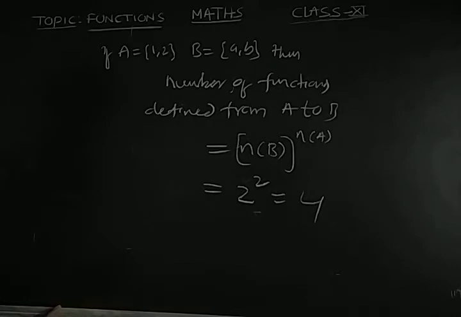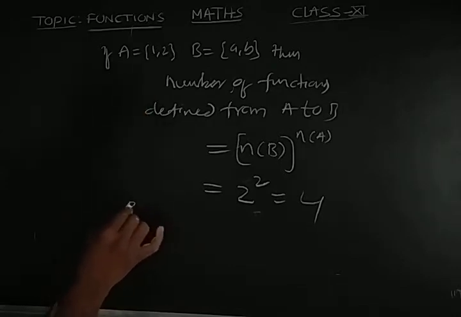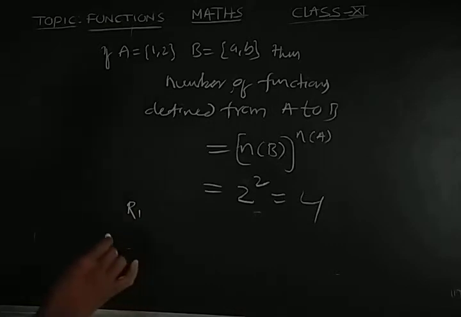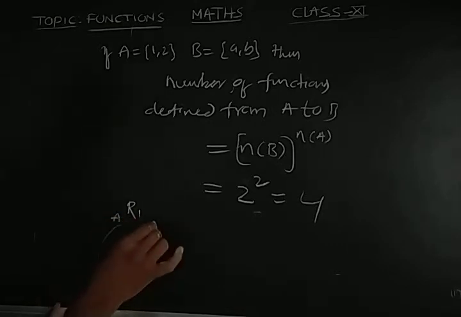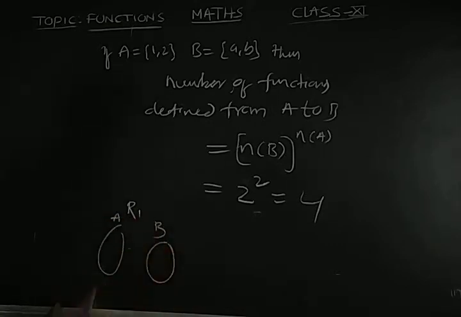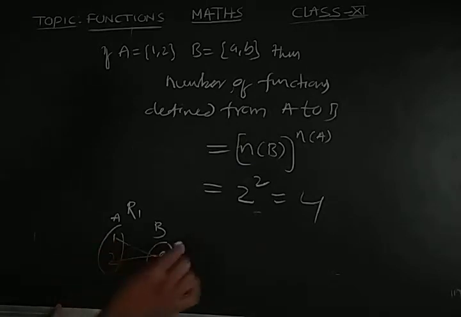Okay, right. Now let me check what type of functions these 4 functions are. By diagram I am going to explain what the 4 functions are. Every function is a relation, so I am taking it as a relation first. This is 1, 2 and here A, B. Now how many ways can we define it? This is one way, this is one relation, and every element has a unique image, so it is one function.